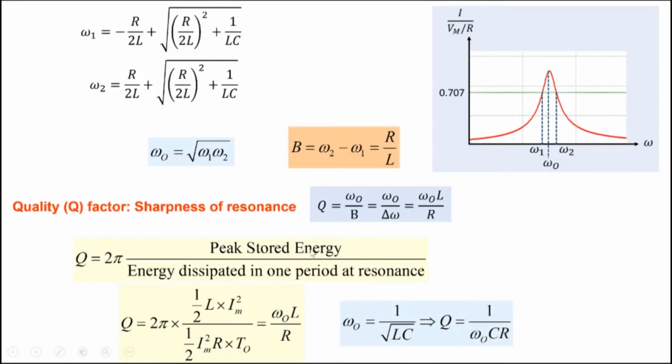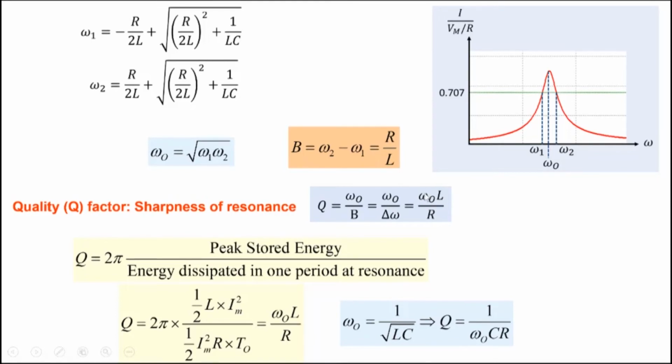Okay, and of course you can also express Q, using the relationship, as Q equal to 1 by omega naught C times R. So according to this expression also, you can see that you want a small value of resistor in order to obtain a large value of Q. And of course omega naught L, the reactance, should be large.